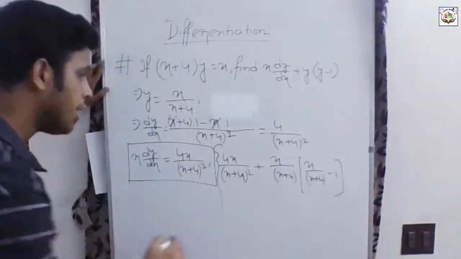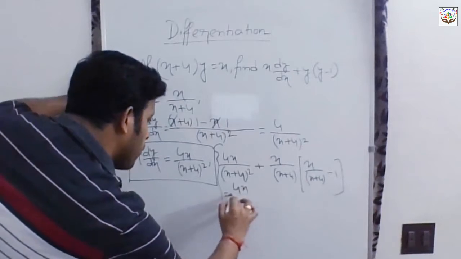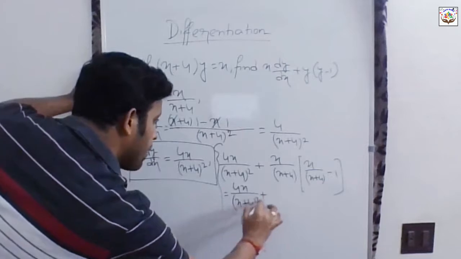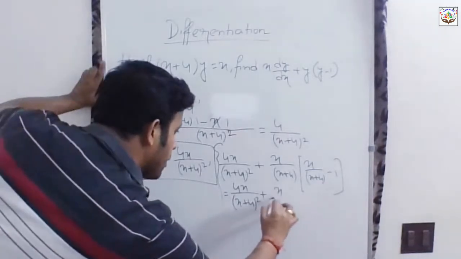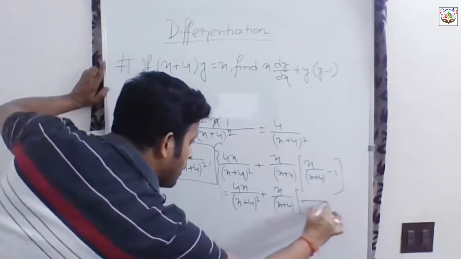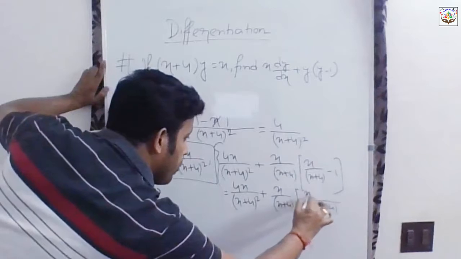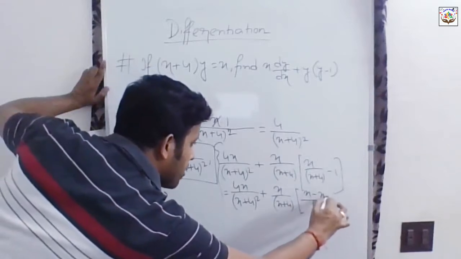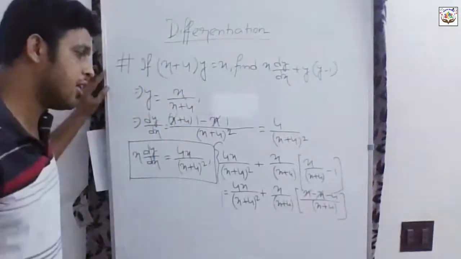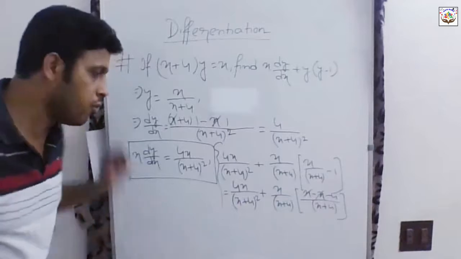Fine. Now just do the normal LCM. It will be 4x divided by x plus 4 whole square plus, let's as of now keep this part as x by x plus 4, and if we do the LCM, it will be x minus x minus 4. So minus x plus x can be cancelled out. So it will be minus 4 divided by x plus 4.